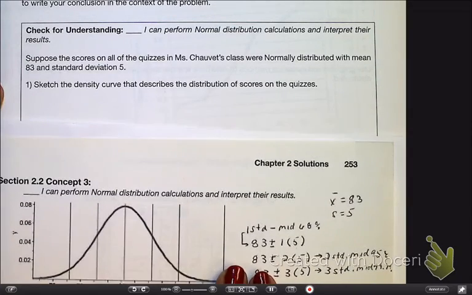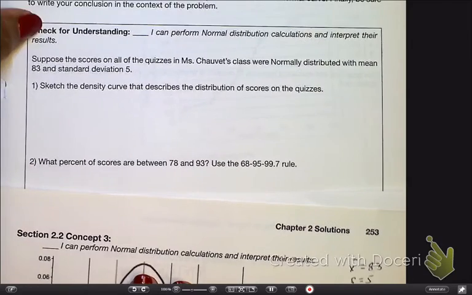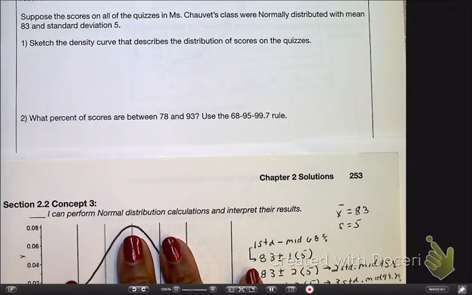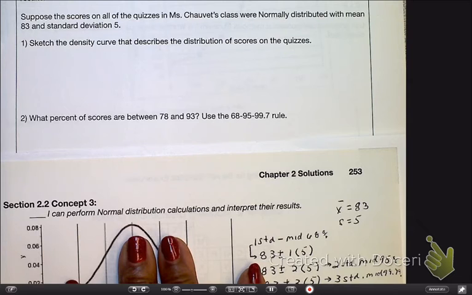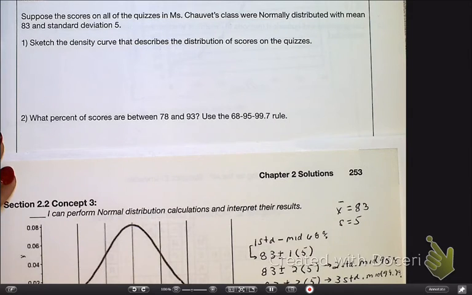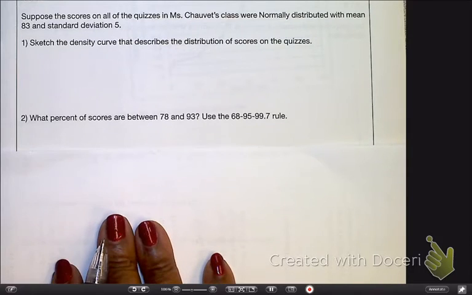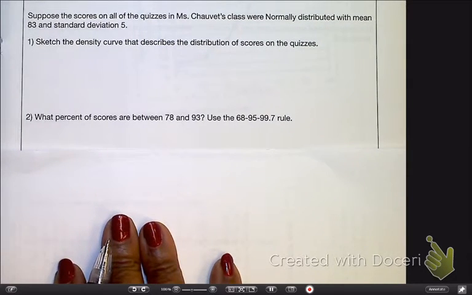Next question. Another question I was asked was how do I know to use normal CDF or inverse norm? First of all, I need you guys to write down this question, and then let's do it in our calculator. I'll also show you the expectation on how you should write it down for full credit on the AP test.